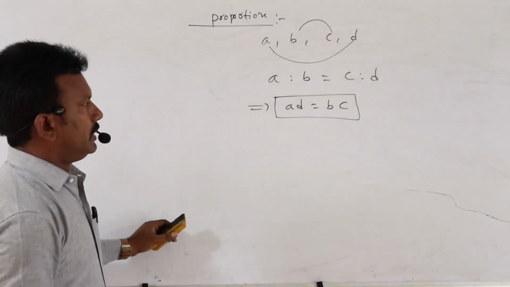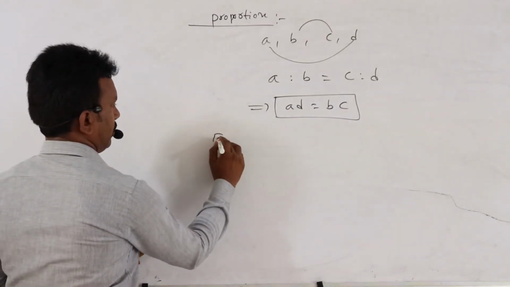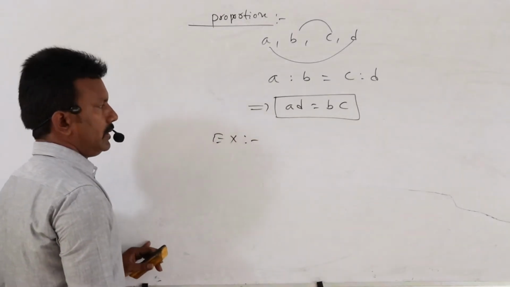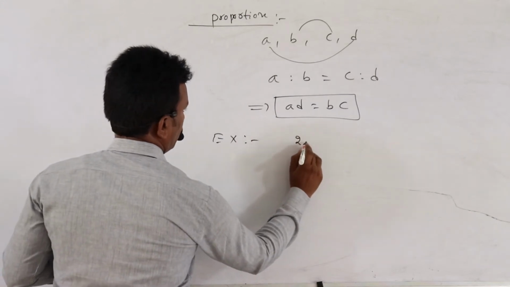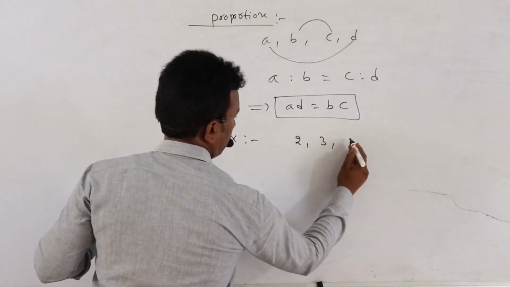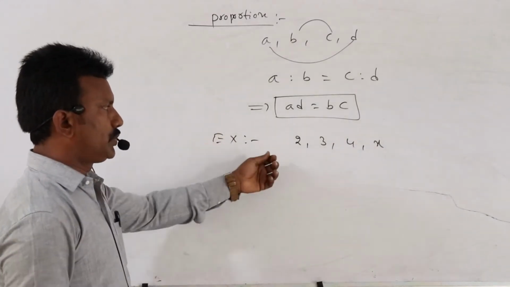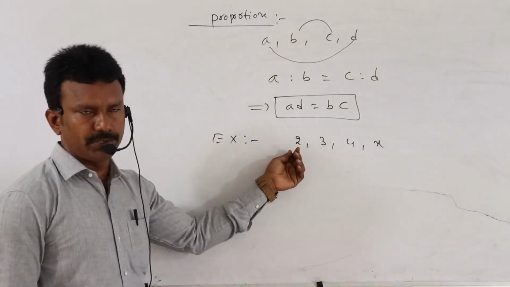Write one example of the condition of proportion. Take 2, 3, 4 and X. These numbers 2, 3, 4, X are in proportion.